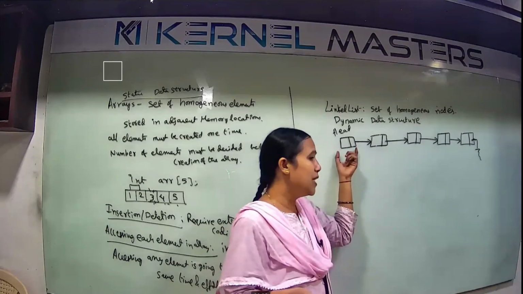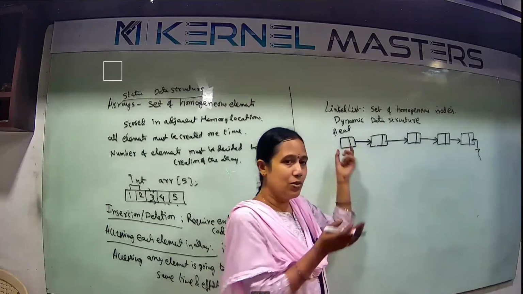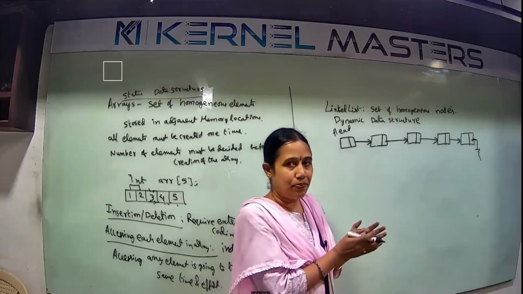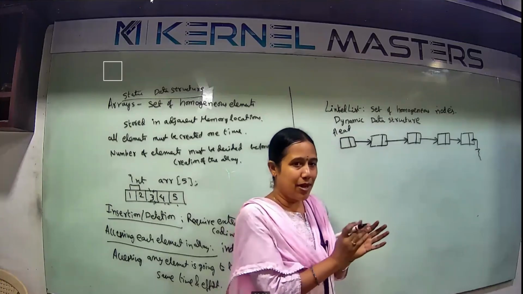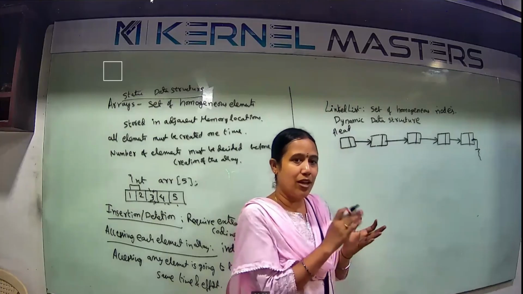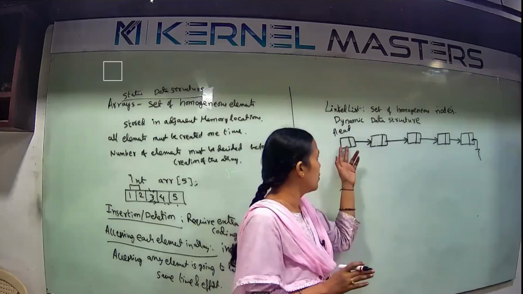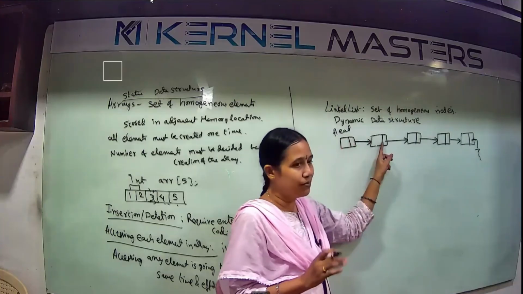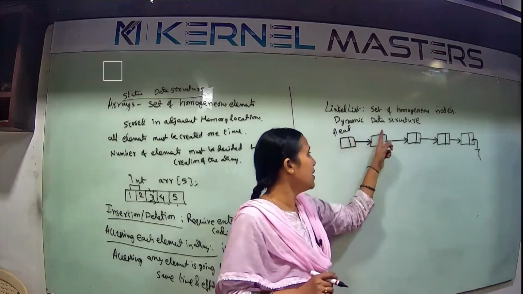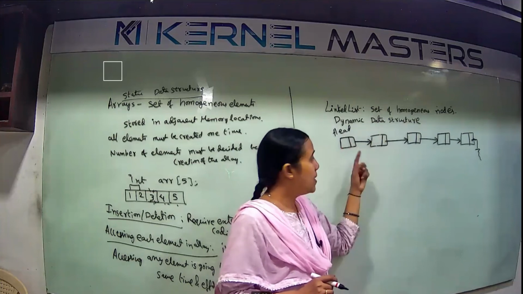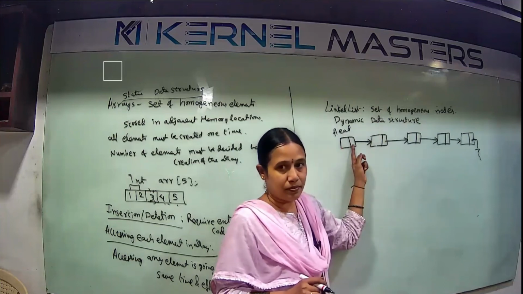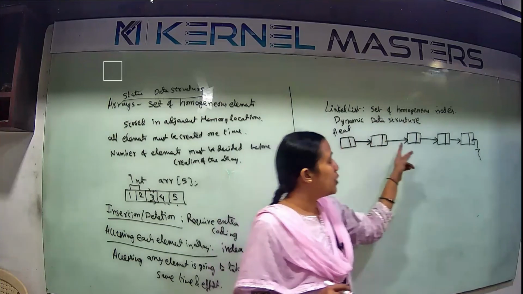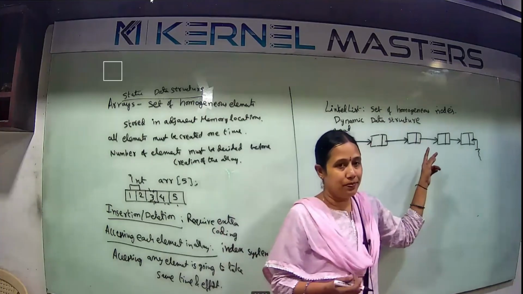But in the 2 parts, one part will have data. That data can be any number of parts. You can have ID, you can have name, you can have any other data elements that you want. But the other part will always be for the address of the next node. It has to always remember the next node's address, which means it's a pointer member.